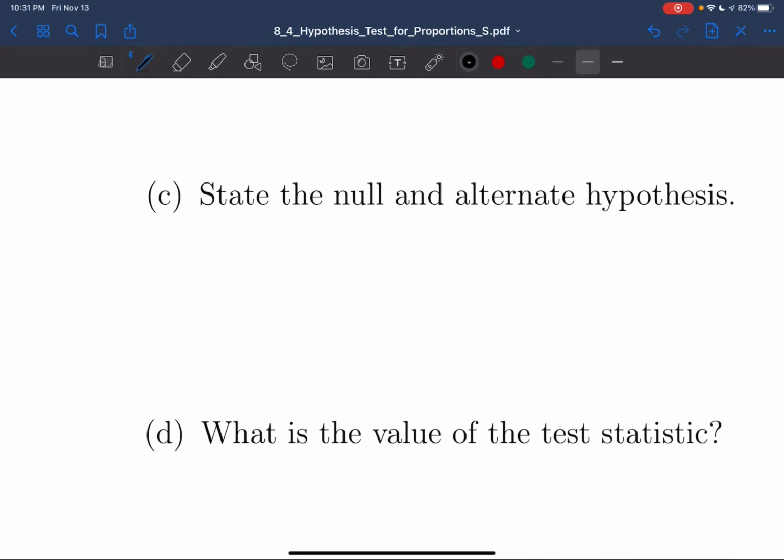So here we want to state our null and alternative hypothesis. H naught would be p is equal to some value, and our alternative hypothesis will be p is either less than, greater than, or not equal to some value.